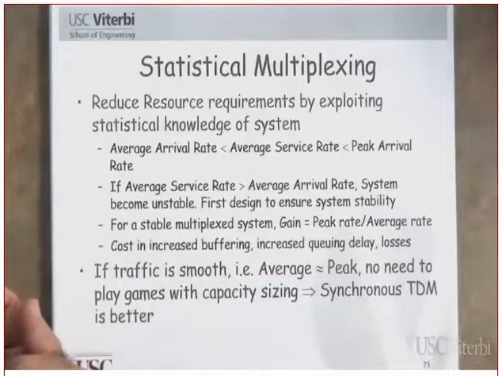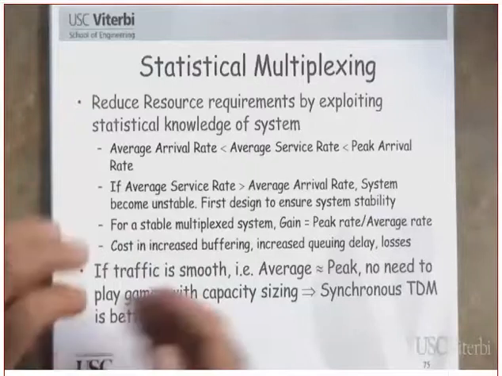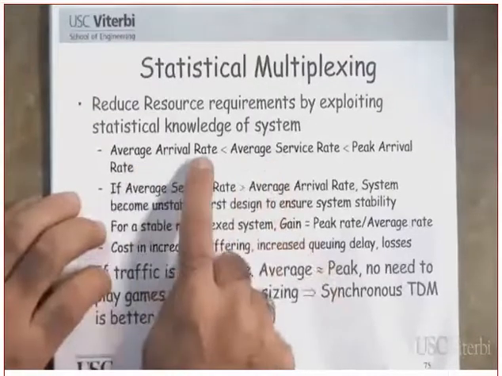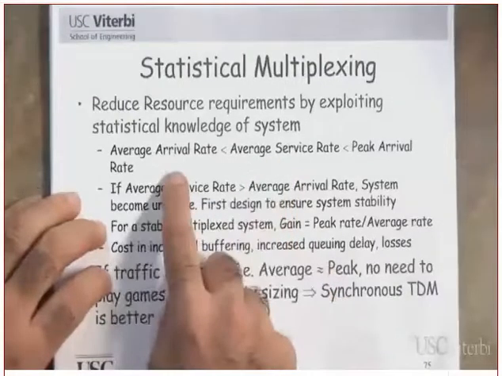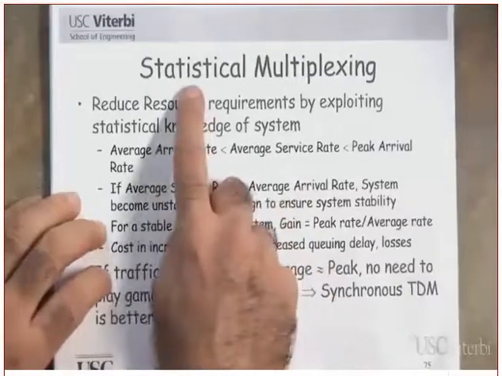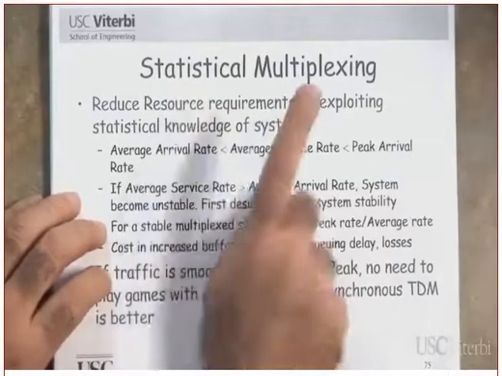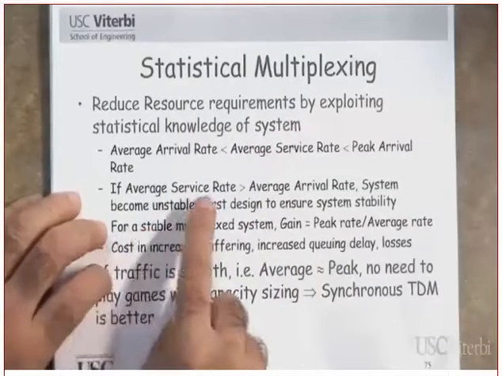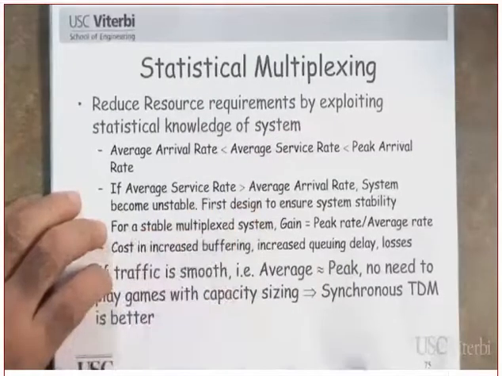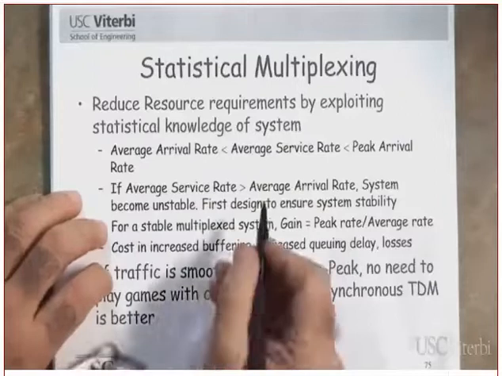Think about it this way. They will be oversized. So if the average arrival rate is less than the average service rate, the best way is to use what is known as a statistical multiplex. If the average service rate, no, this one is wrong.